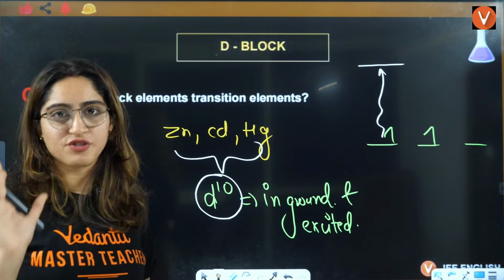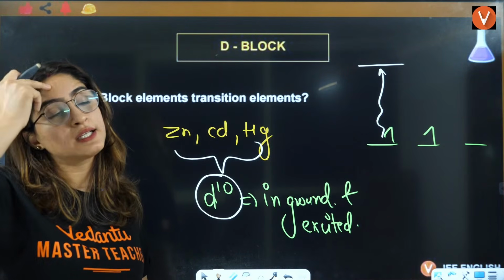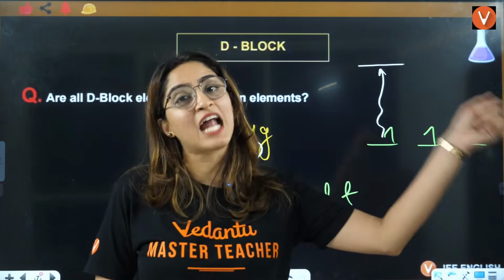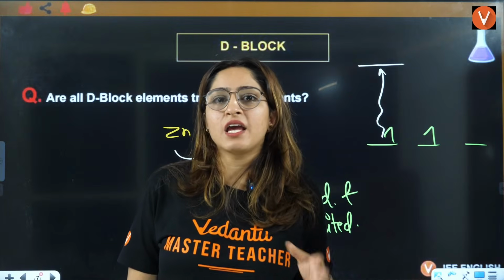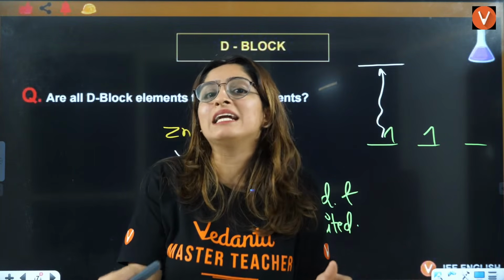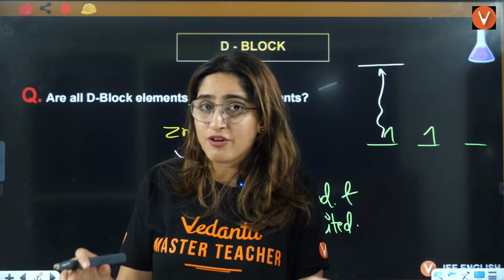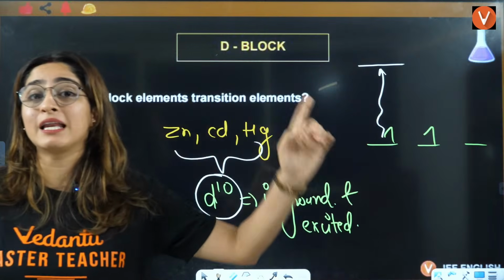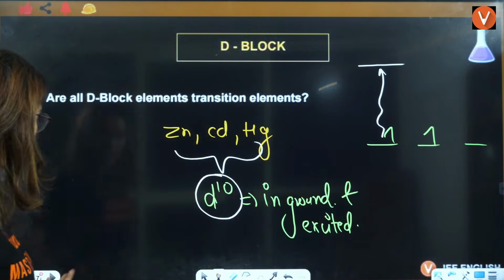That's why all the D block elements are not transition elements, but all the transition elements are D block elements. You can't say anything which is not in D block is a transition element. No. But saying all the elements in D block are transition elements is wrong, because zinc, cadmium, mercury belong to D block, yet they are non-transition elements.